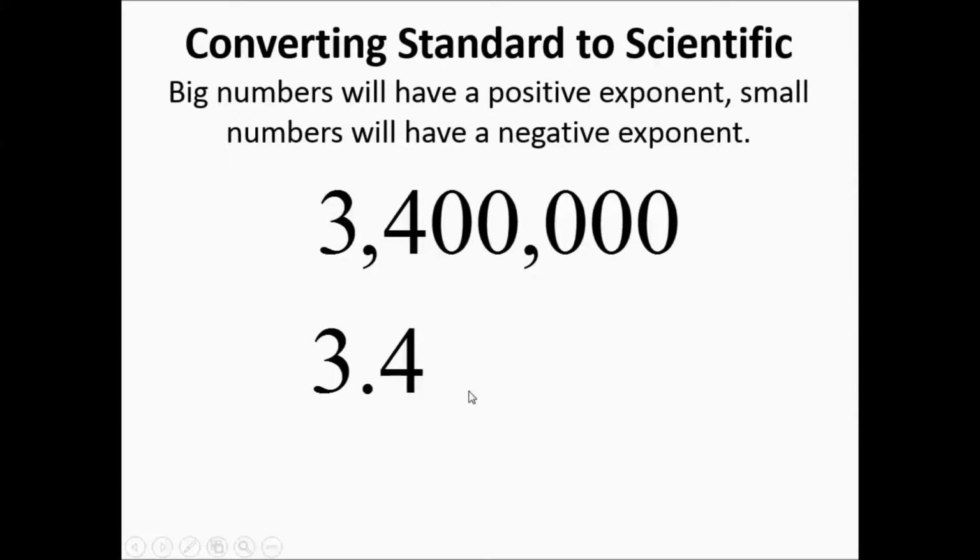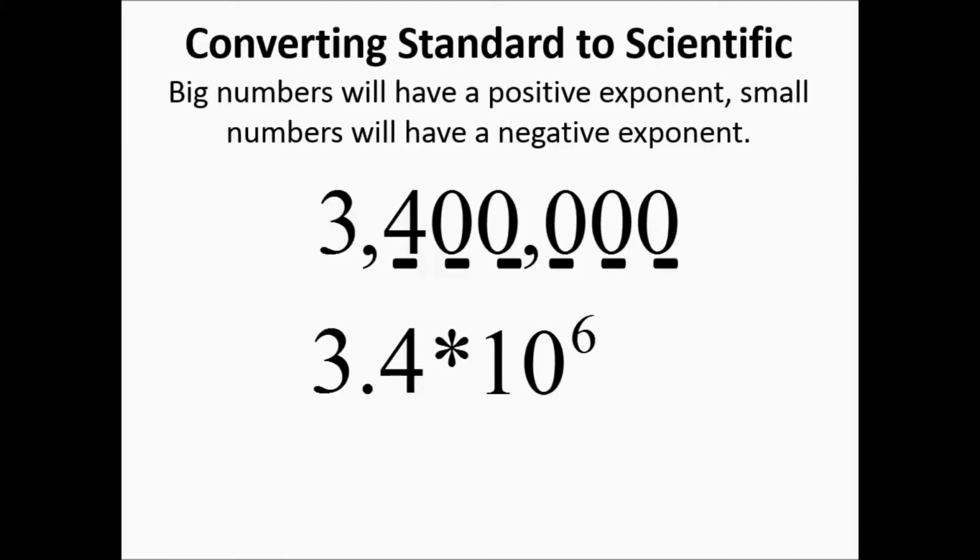Then it's going to be times 10 to the something. In this case, with the decimal being here, this was 6 place values over. Once again, don't just count the zeros. It's not 10 to the 5th. It's going to be 10 to the 6th. And since this is a big number, this is going to be a positive exponent. 3 4/10 times 10 to the 6.